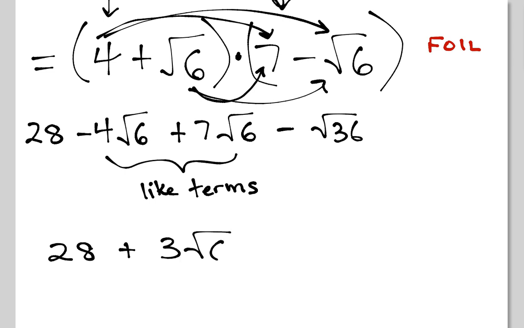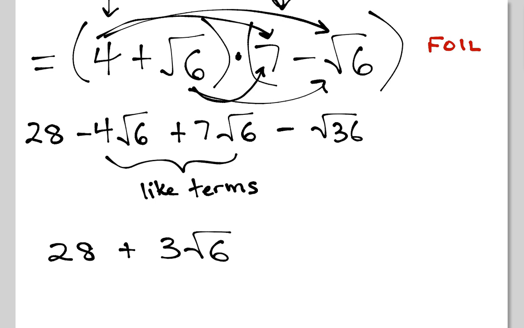The 3 root 6. So this is no different than if this was like minus 4x. Here, I'll write it for you so you see it. The middle stuff, Aussie, is like negative 4x plus 7x, 3x. It's the exact same idea. It's just like terms.